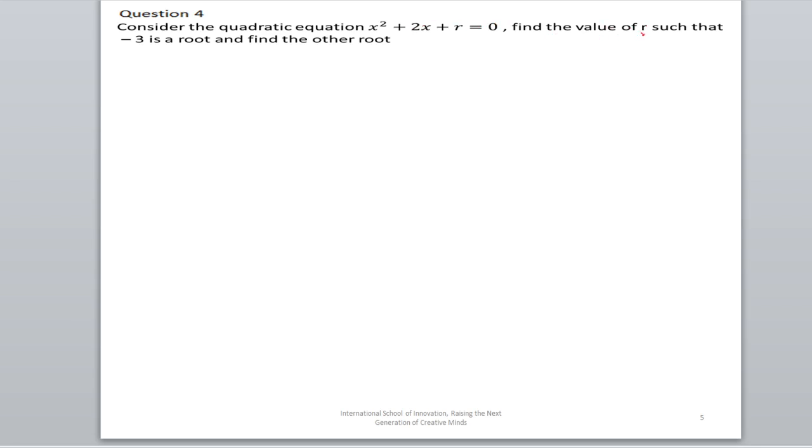Find the value of r such that -3 is a root, and find the other root. What should I use here, s or p? Let's see. Where do I use this -3? I think I use it with r, the product.